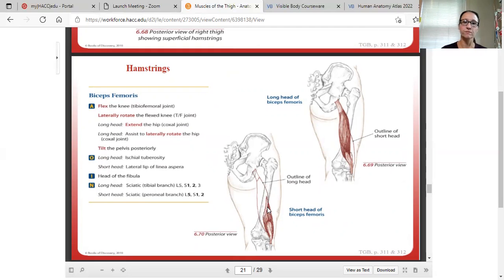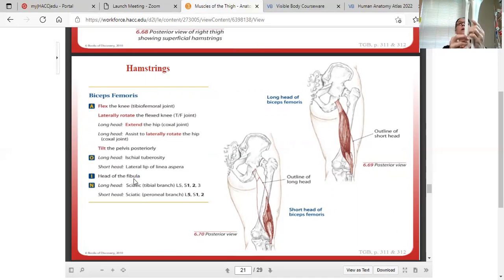Now, the insertion for biceps femoris then is going to be the head of the fibula, because this one is on the lateral side of the leg. And you recall, I just dropped my tibia. When I put these two together, the fibula was on the lateral side.